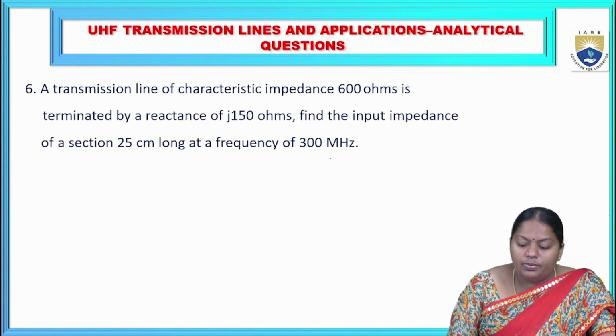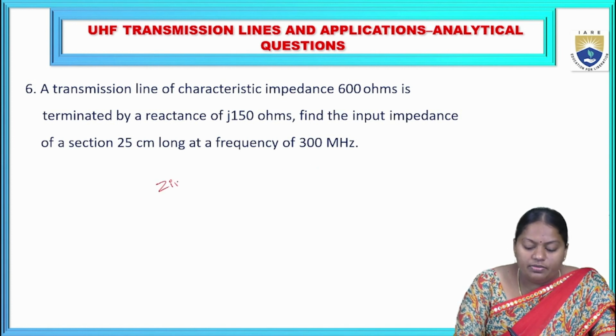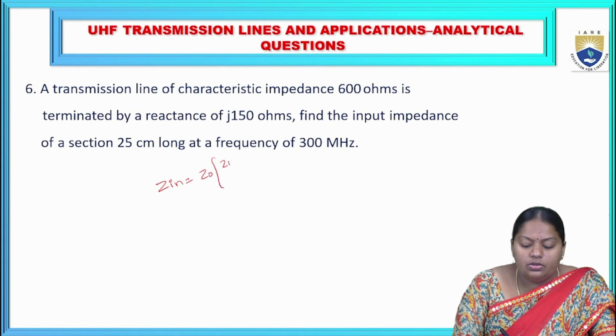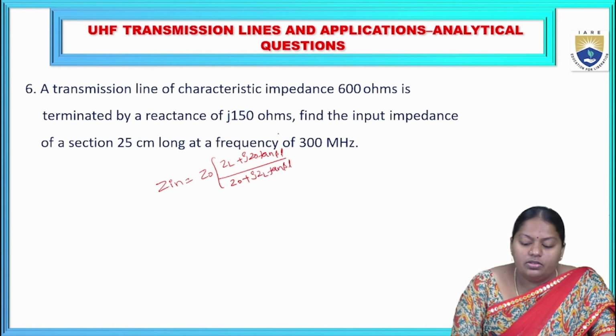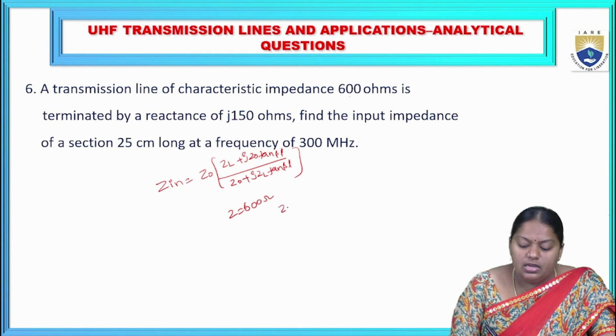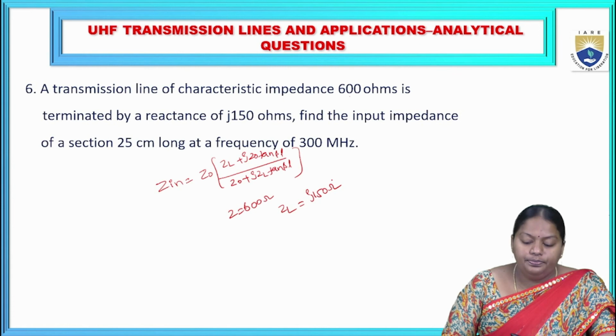So to find the input impedance of a transmission line, as we discussed in the previous problem, Zin is equal to Z0 into ZL plus JZ0 tan beta L by Z0 plus JZL tan beta L. See here, Z0 is given as 600 ohms, and it is terminated by a reactance, that is ZL is equal to J 180 ohms.